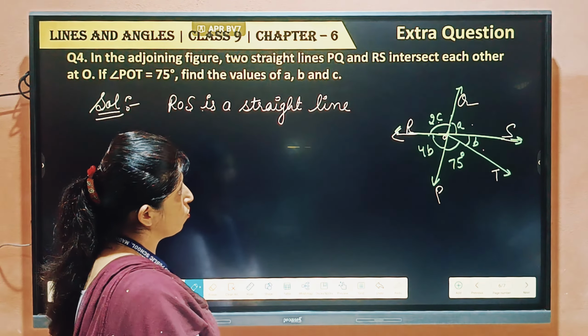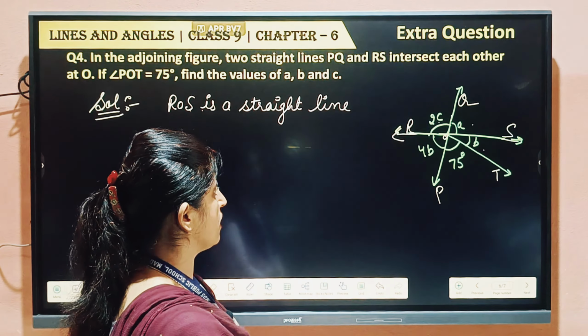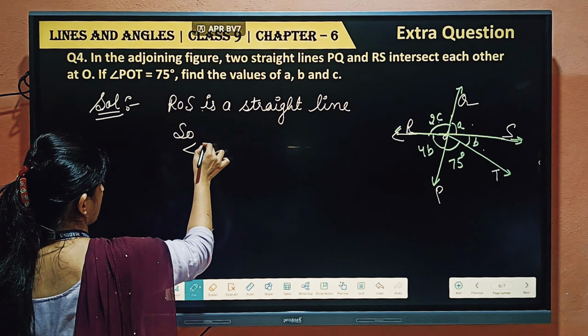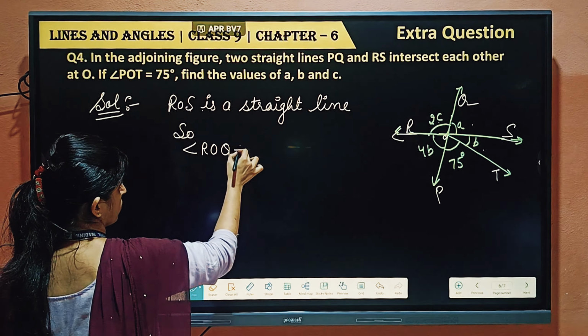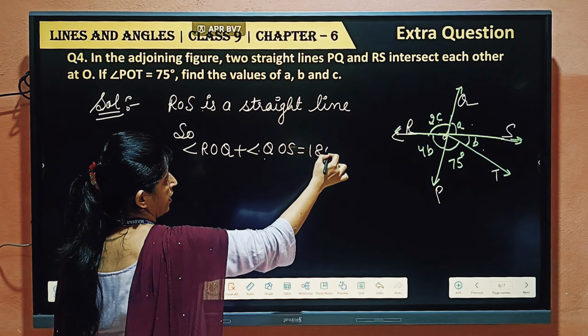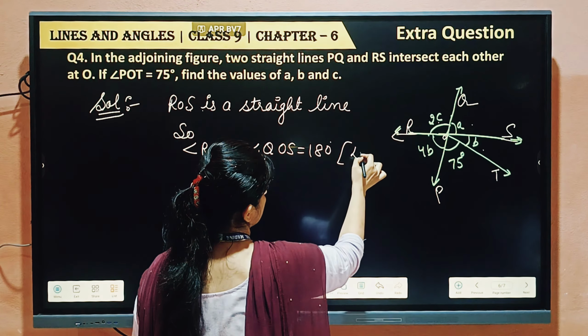So angle ROQ plus QOS is 180 degrees because of linear pair.